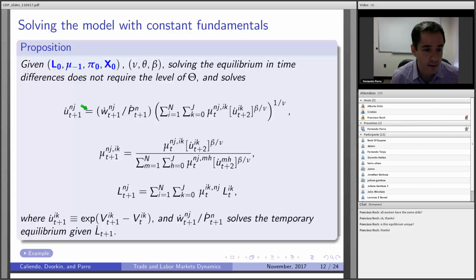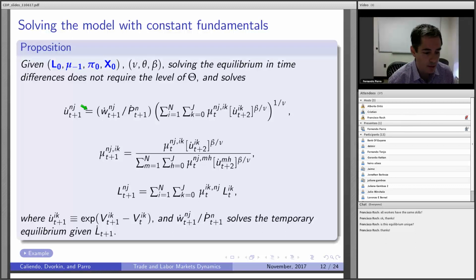It says that given initial allocations from the data, so remember that blue means data, so given the initial distribution of employment, the initial migration flows, the initial trade flows, and the initial allocations of expenditure and production, and given the value of the elasticities, the migration cost elasticity, the trade cost elasticity, and the discount factor, solving the equilibrium of this model in time differences does not require the level of fundamentals. Okay, this is the main result in terms of our solution methods.